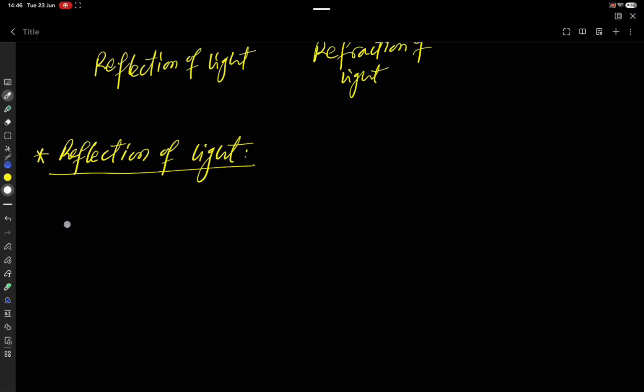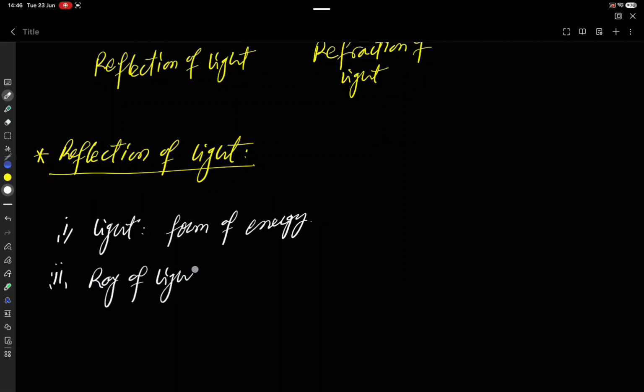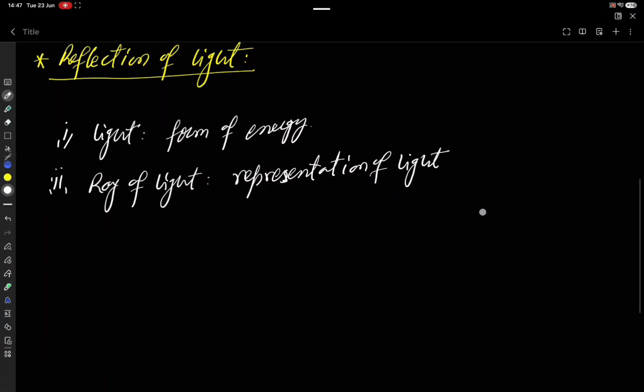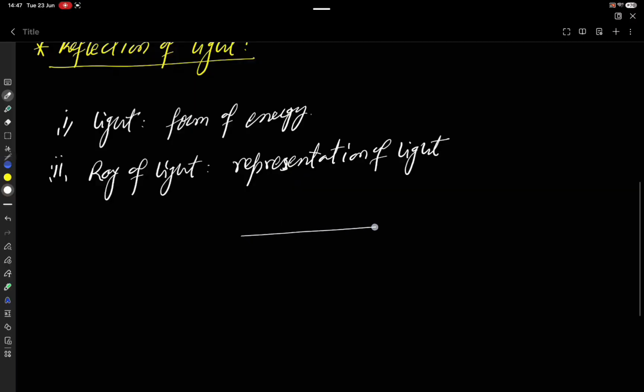First, light is a form of energy. Second, ray of light. Representation: we represent light as a simple straight line with an arrowhead.